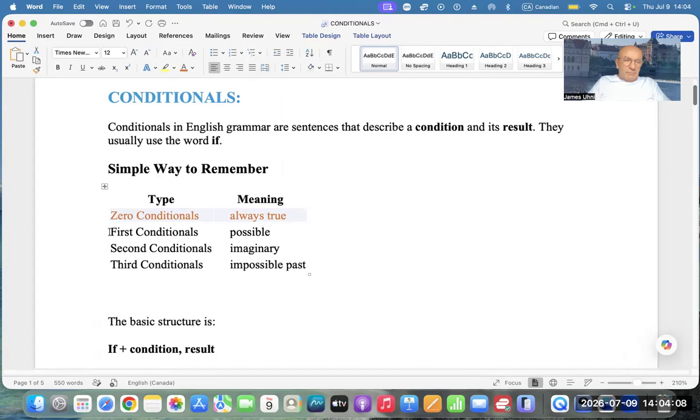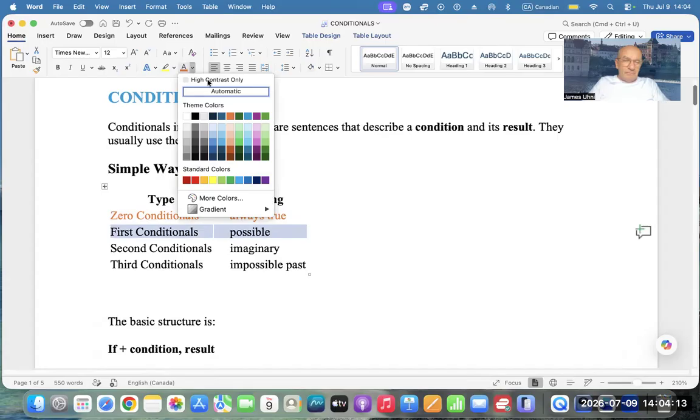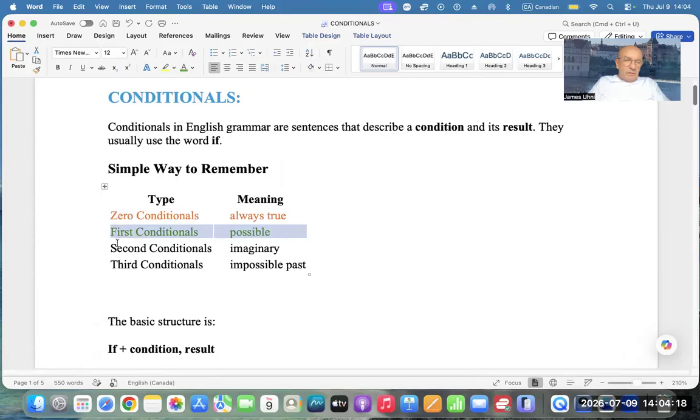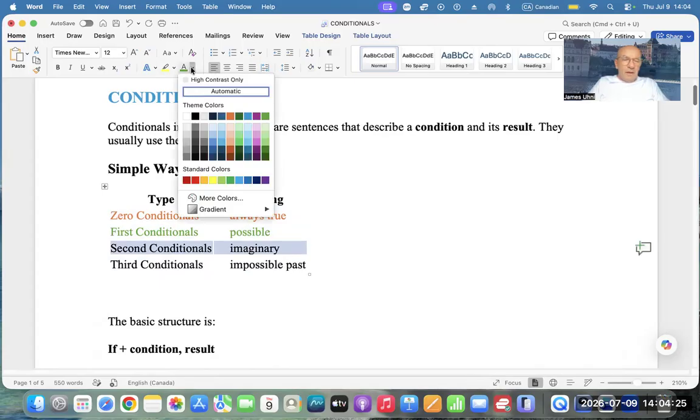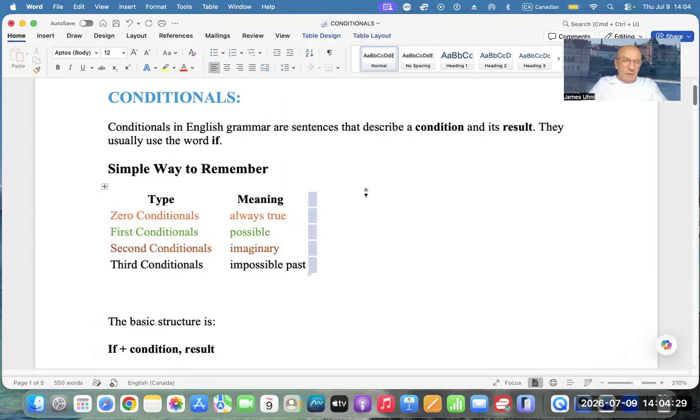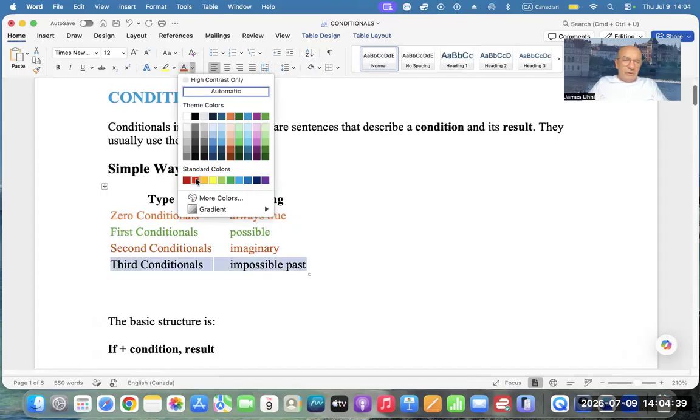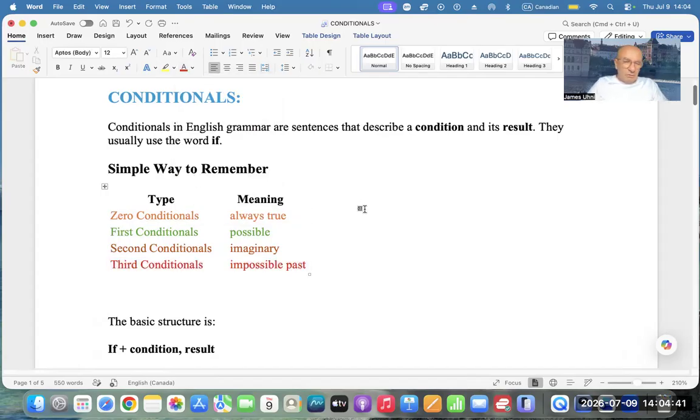First conditional, I will turn into green color. Second conditional, I will turn into, let's say, brown color. And third conditional in red color. Now, why am I doing that? So you remember which explanation belongs to what.